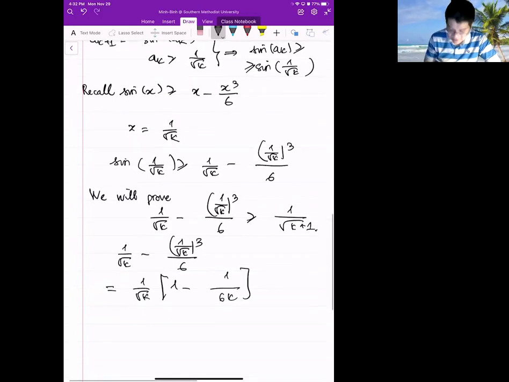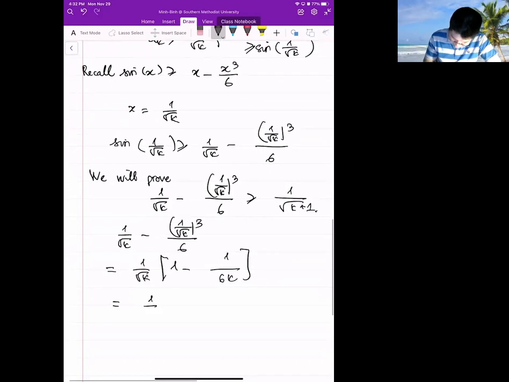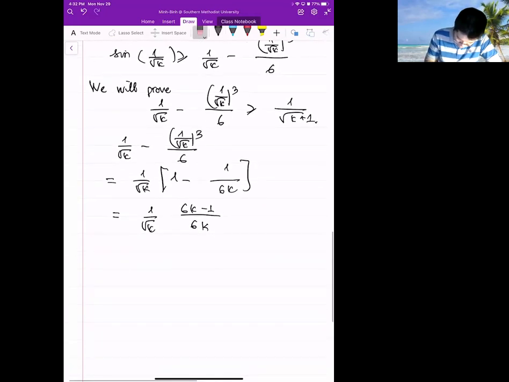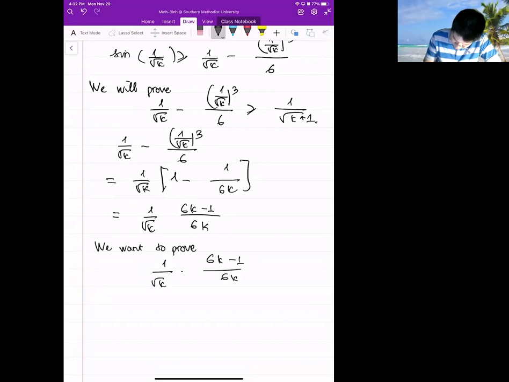And this will be 1 over square root of k times (6k minus 1) over 6k. Now we want to prove that 1 over square root of k times (6k minus 1) over 6k is bigger than 1 over square root of k plus 1.